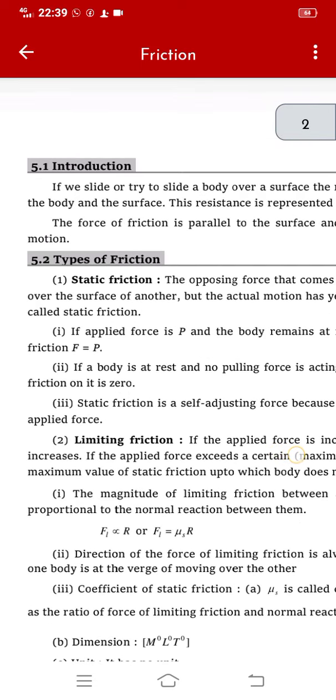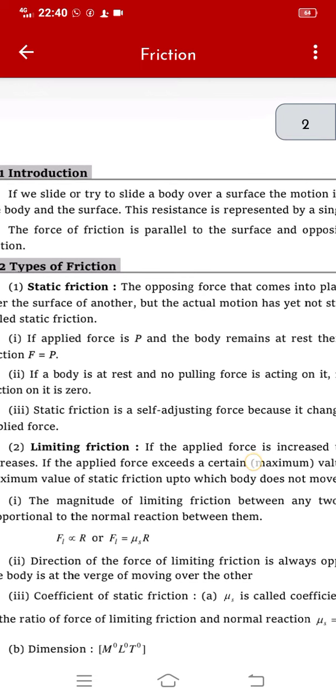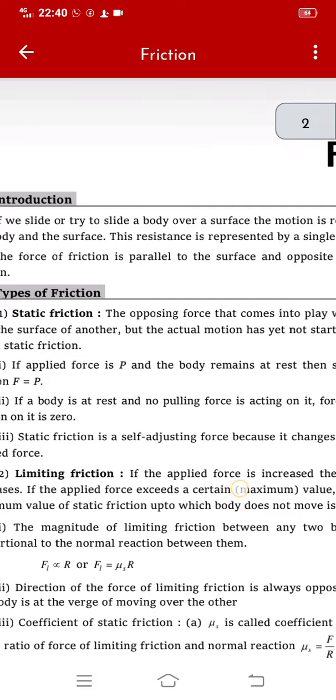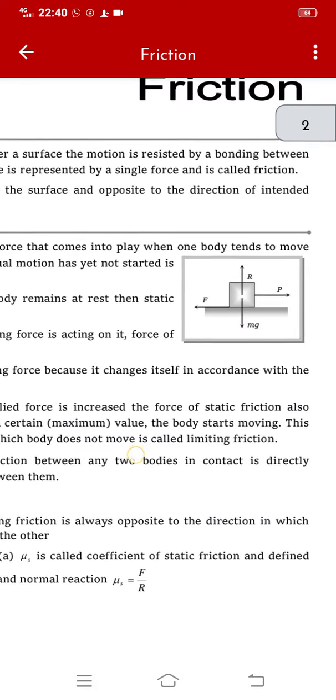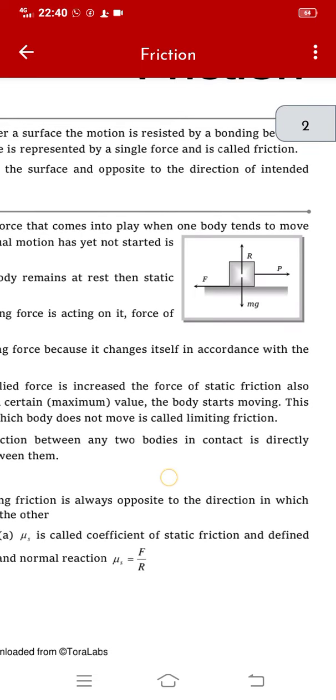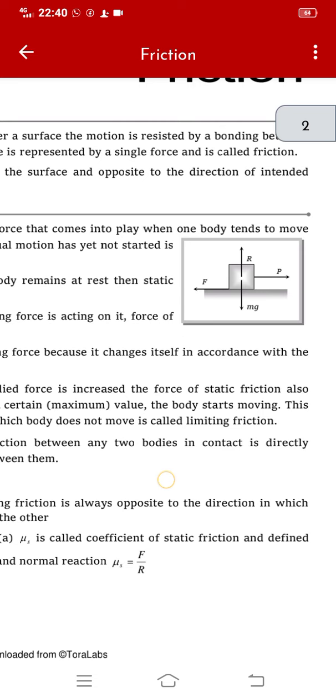Whenever you hear the word static, it means something is stagnant or at rest. You can see a book placed on a horizontal table and it is not moving.